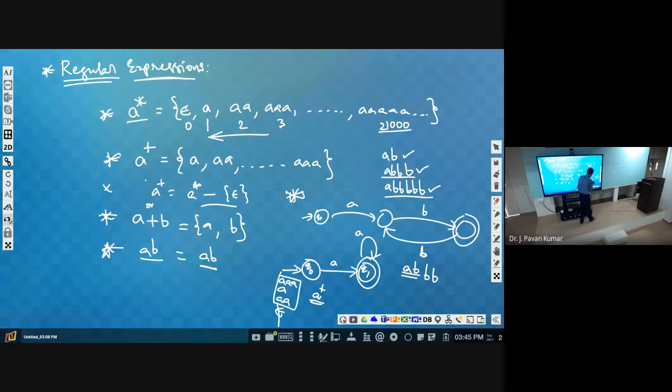I'm not asking about this one, this one you say. If you take this B, definitely this B has to be taken. So how many times can this be taken?